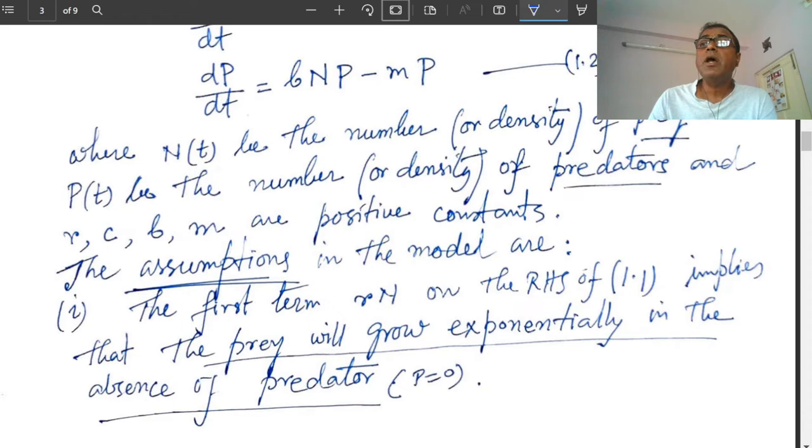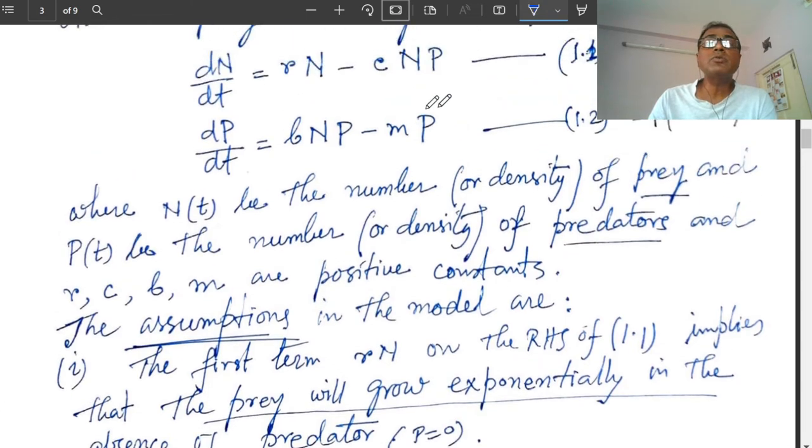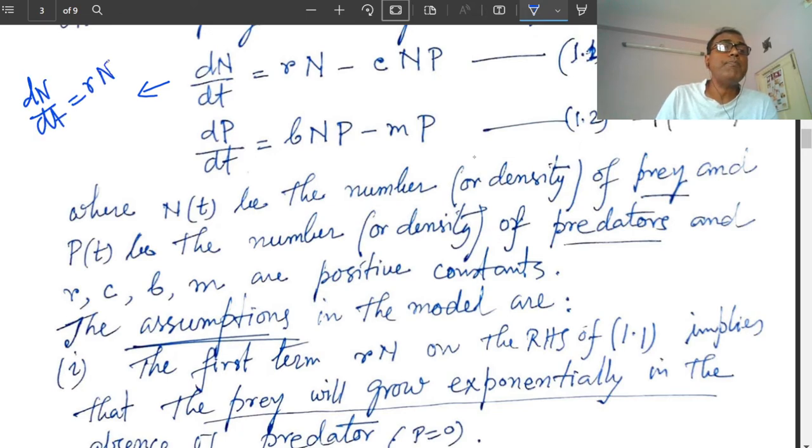So if we put P equals 0 in the first equation, then this equation converts to dN/dt equal to RN. So dN/dt equals RN, so dN/N equals R dt.